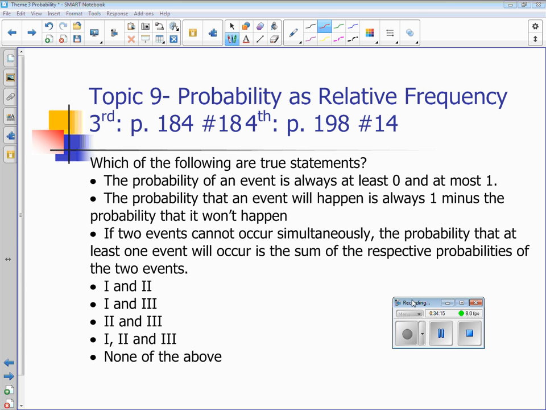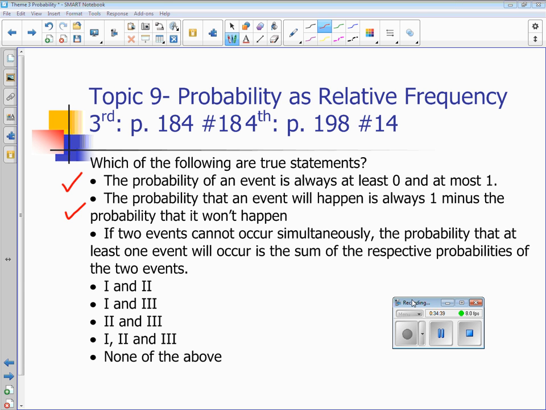Is the probability of an event always at least 0 and at most 1? Yes, so that's true. The probability that an event will happen is always 1 minus the probability that it won't happen. True. That's a complement. If 2 events cannot occur simultaneously, the probability that at least one event will occur is the sum of the respective probabilities of the 2 events.